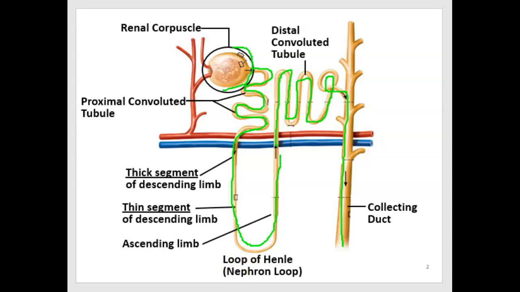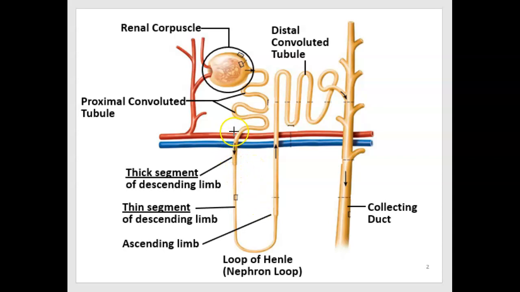One thing to note is the renal corpuscle contains two structures: Bowman's capsule, which is kind of the covering surrounding the capillaries, which we refer to as the glomerulus or the glomerular capillaries. In addition, notice that there are thicker and thinner segments in each limb of the loop of Henle.